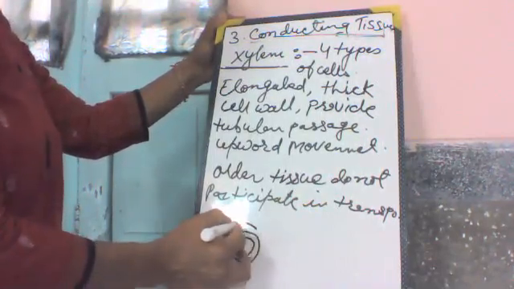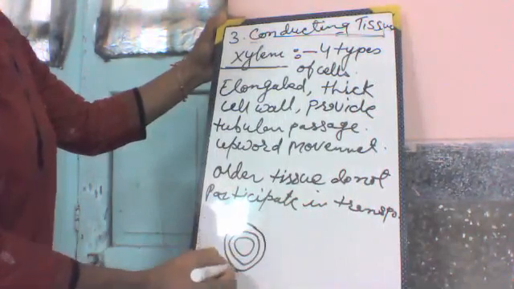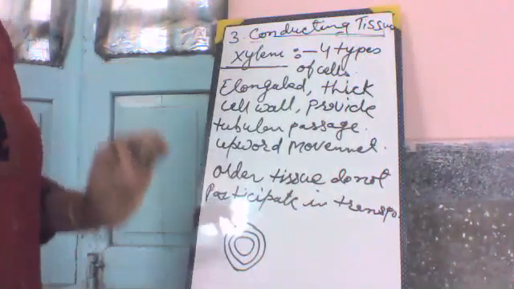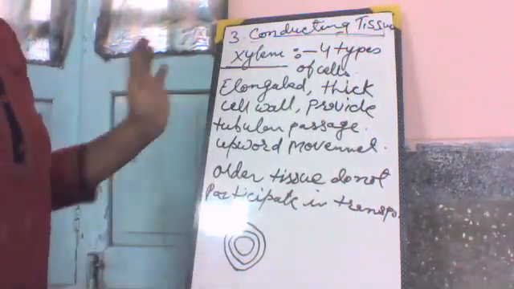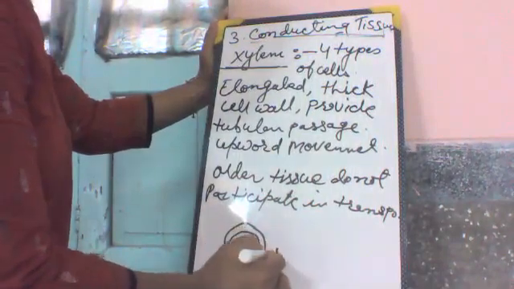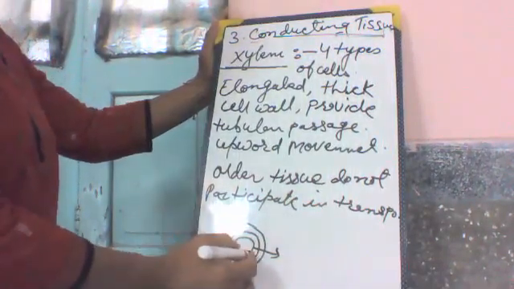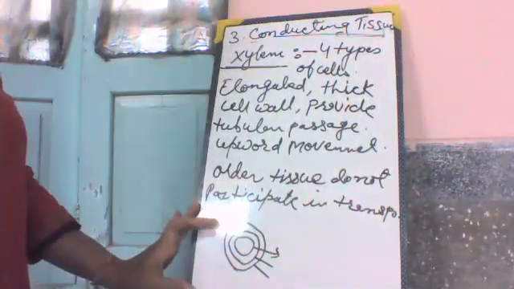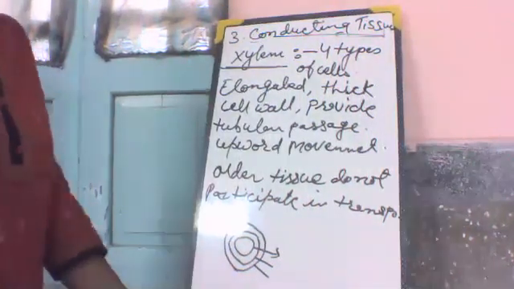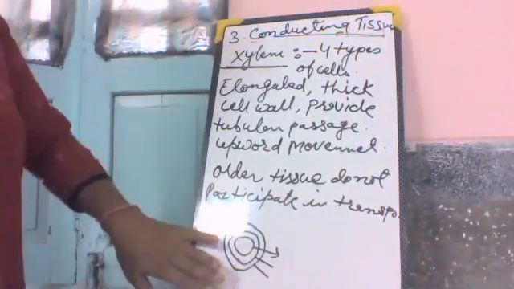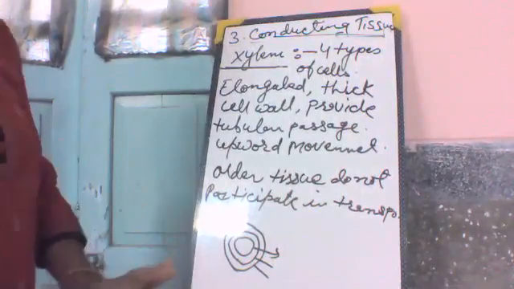From these rings we can calculate the age of a particular plant: first year, then second year, third year. So we can calculate the age of a plant with these xylem rings. They become dead and do not take part in transportation.